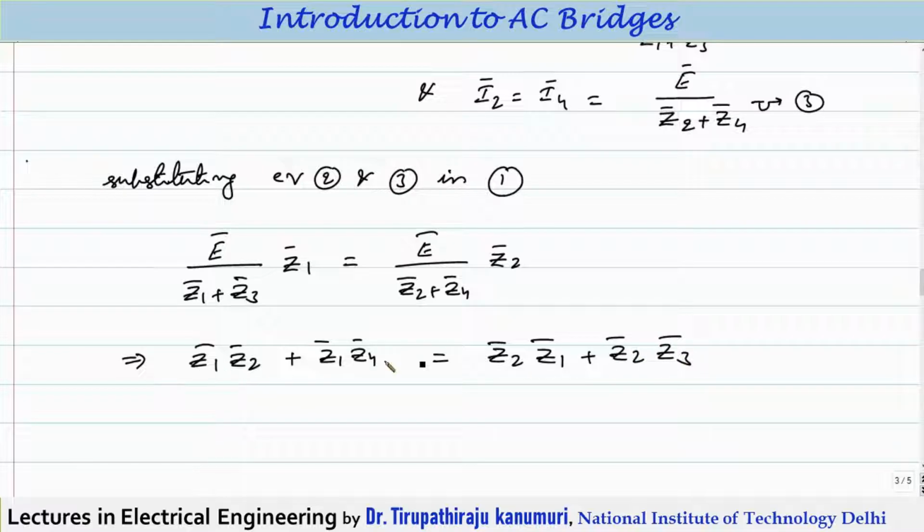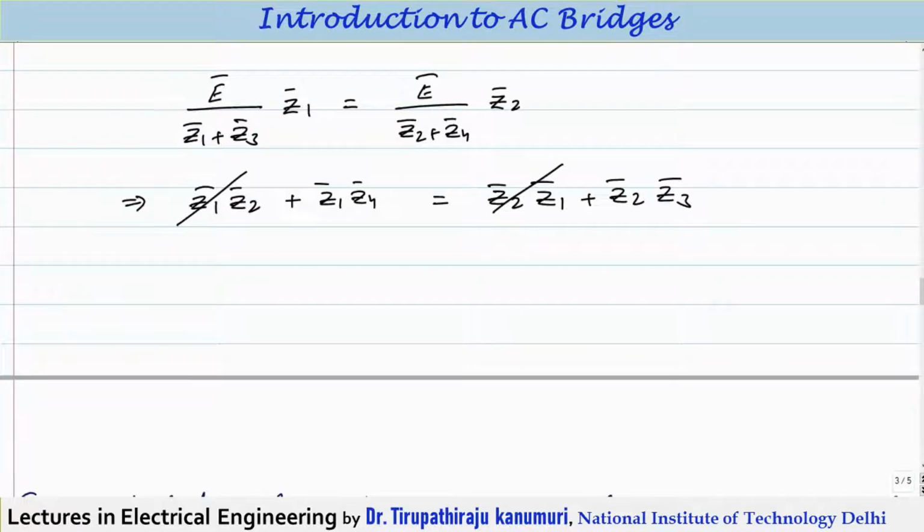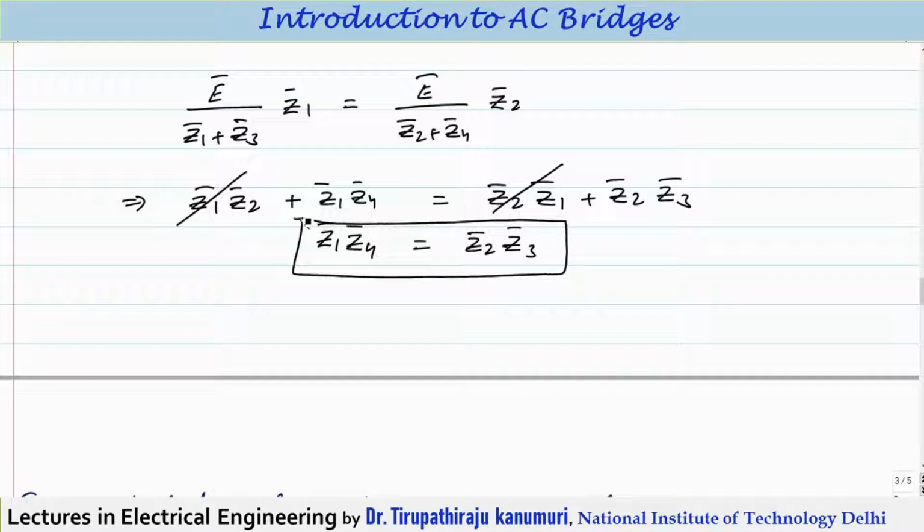Again you can see here Z1 Z2 and Z1 Z2 are same in both the sides, you can cancel it. So under balanced condition we got the equation as Z1 multiplied by Z4 will be equal to Z2 multiplied by Z3. So this I can write as equation number 4.